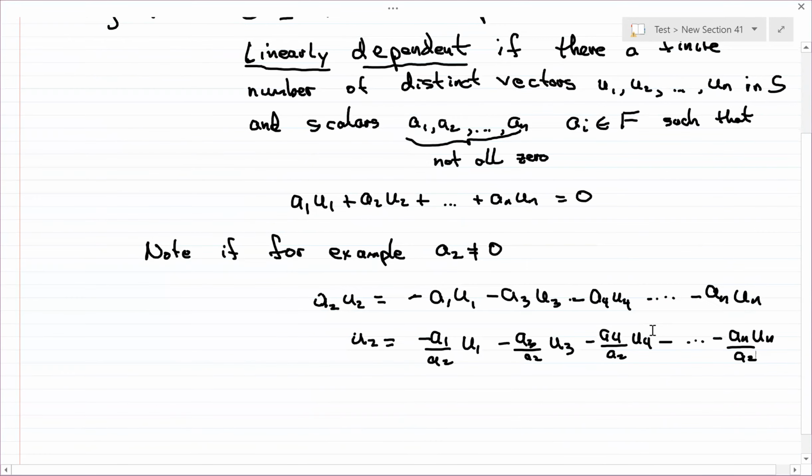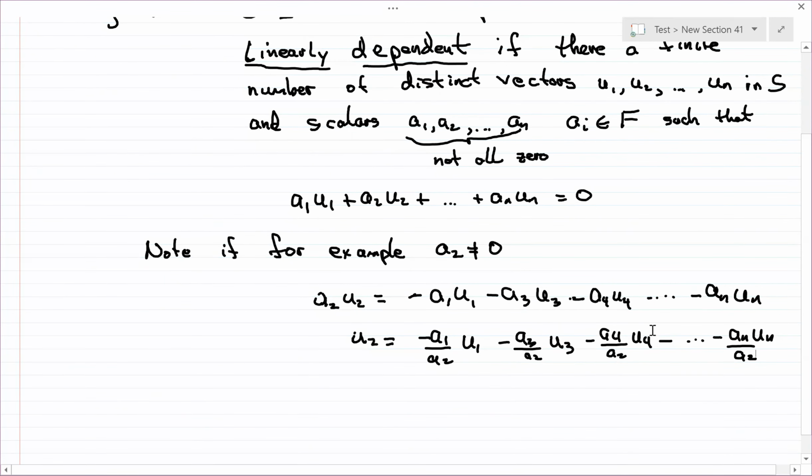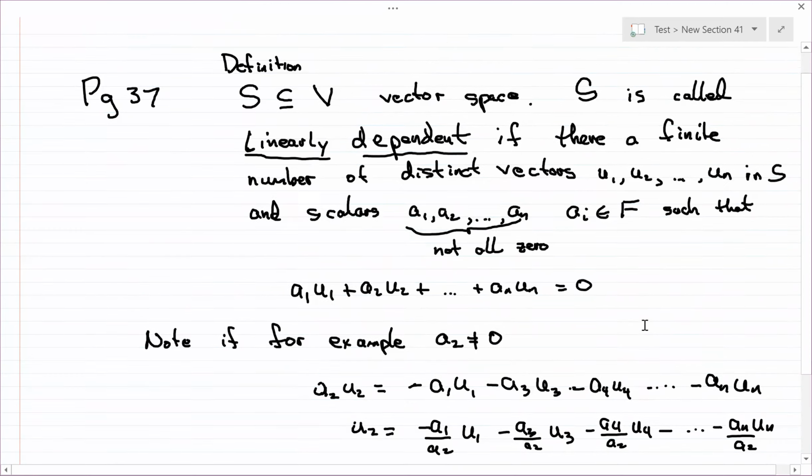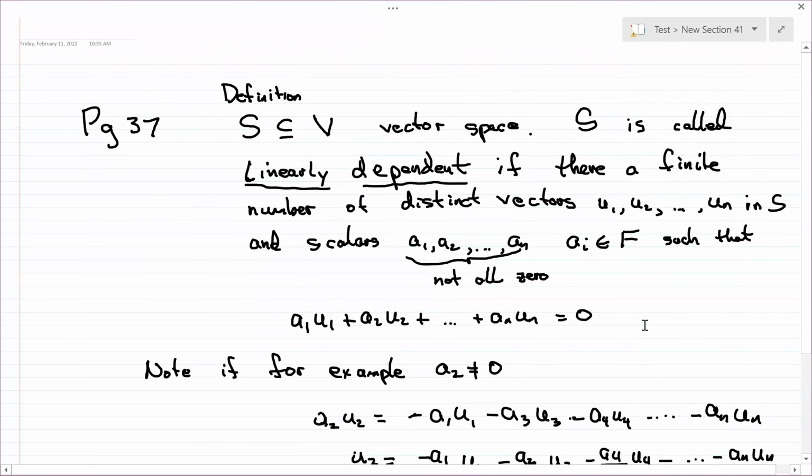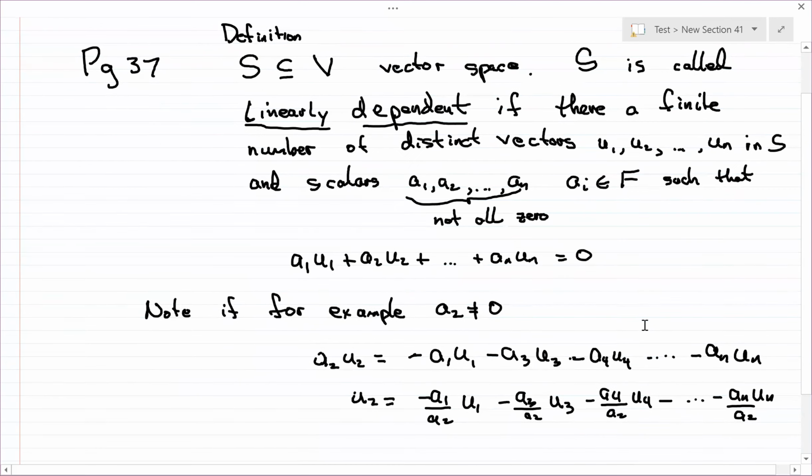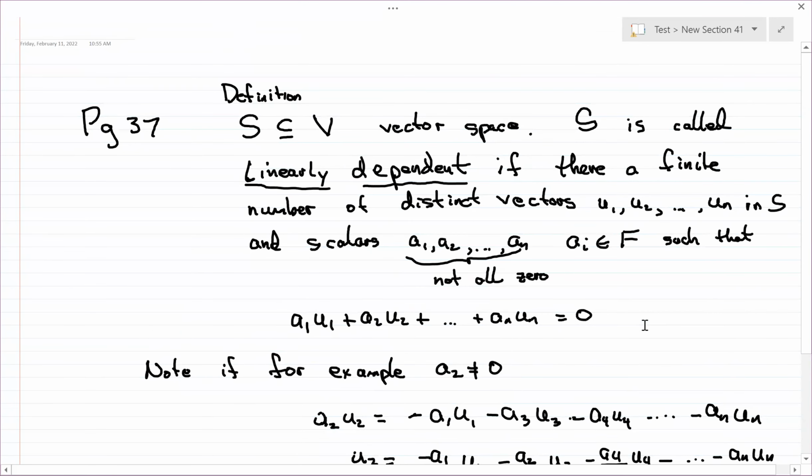Okay. The other side of it is on the following page. But before I even go to the following page, any questions about this definition, because it is important? Do we say that the vectors are linearly dependent or that the space S is? Well, you could say both, but this is saying this about the subset.